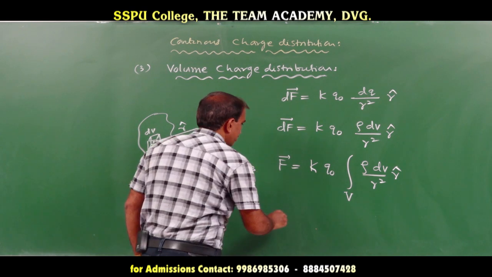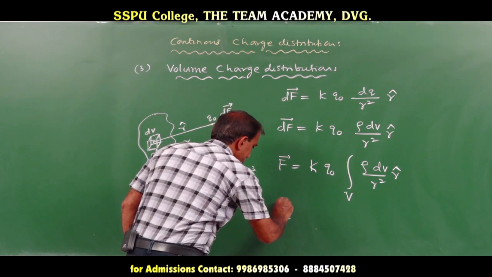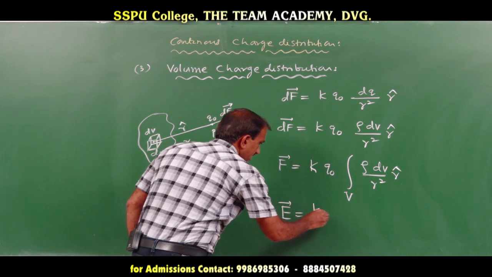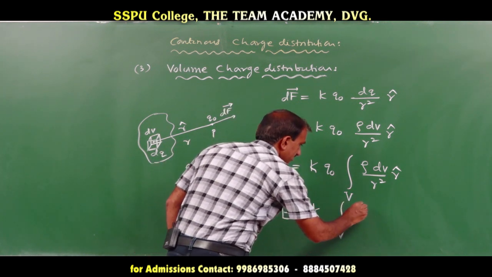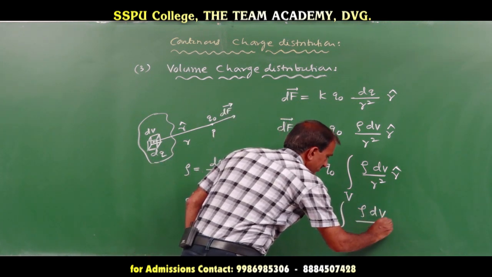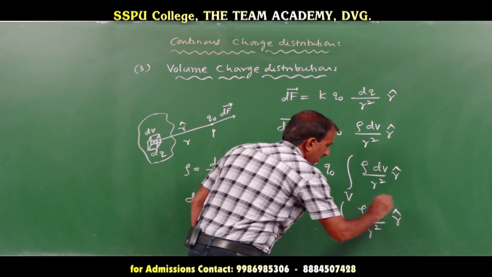The corresponding electric intensity E is equal to K into the volume integral of rho into dV divided by r square into r cap.